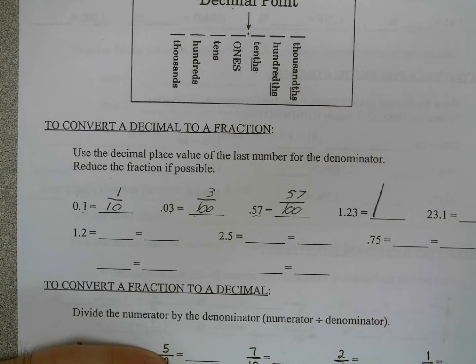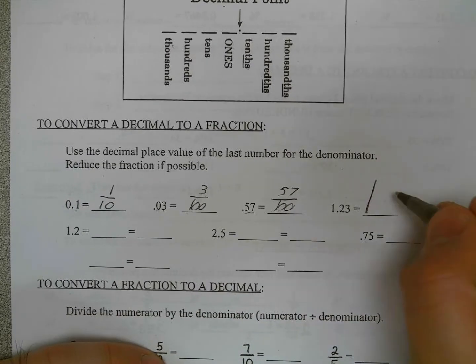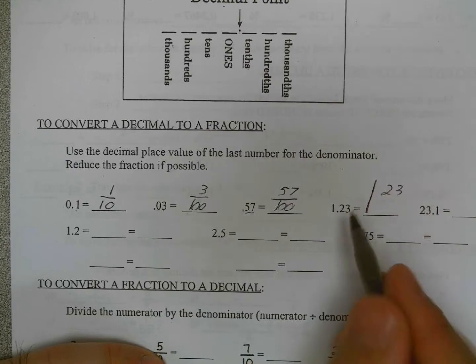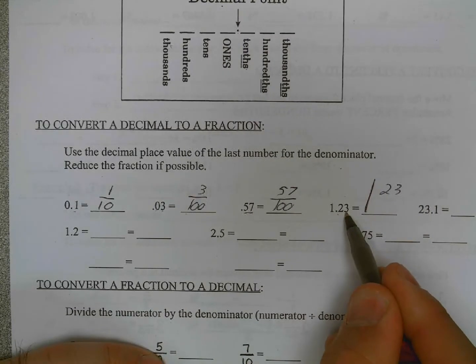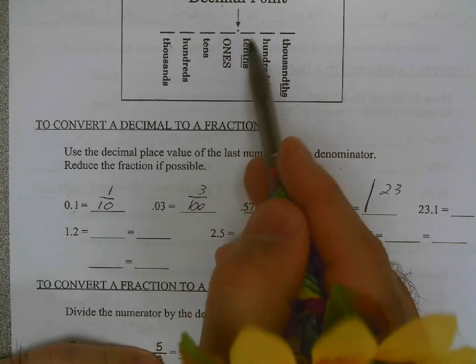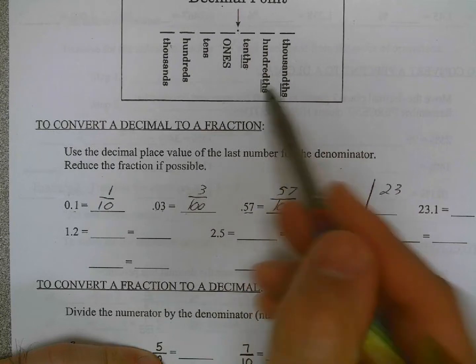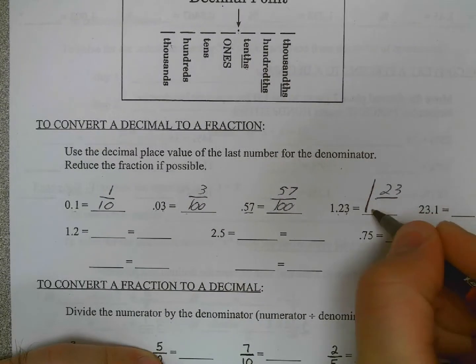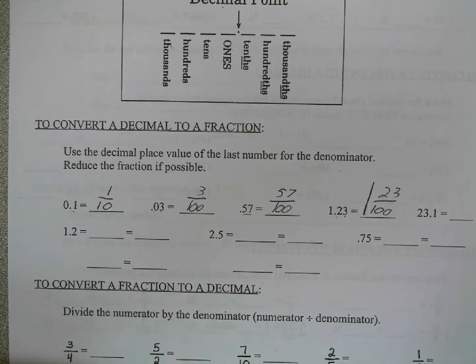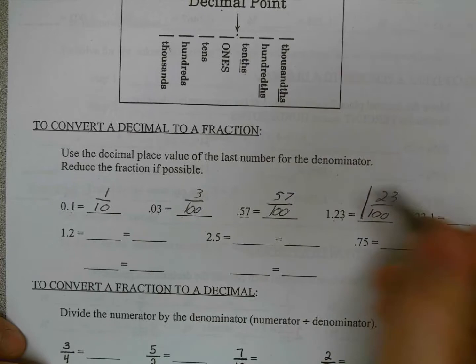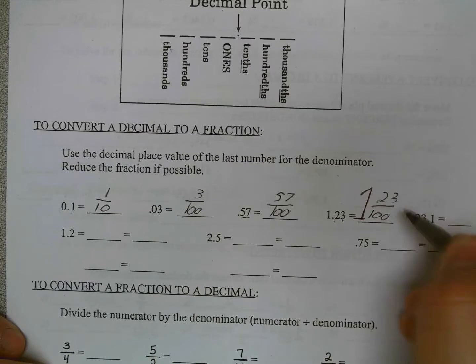That's 1, right? 1 whole. And then I got 23 and 1, 2 after the decimal. So I'm going to come over here and go 1, 2, that's hundredths. So in the denominator, I'm going to put 100. All right? So there's my 1, and then 23 hundredths.